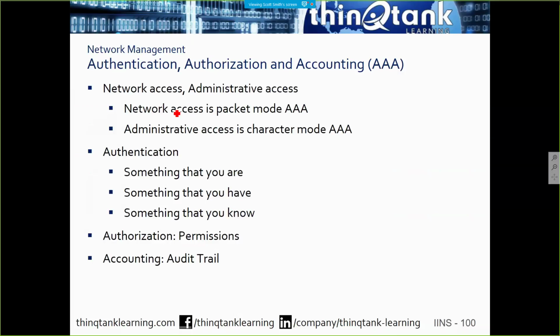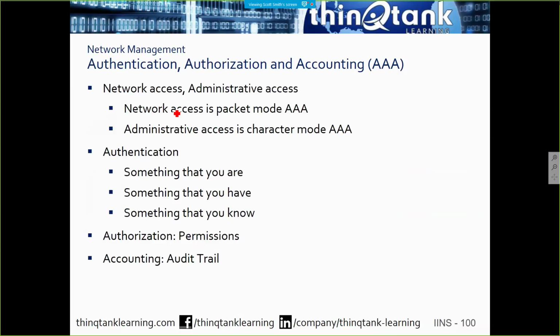So there are two functions to AAA: packet mode authorization, which allows you to gain access to network resources, and character mode authorization, which allows you to get administrative access or command line functions, and so on. Authentication is something you are, something you have, something you know. We talked about that in a previous chapter.